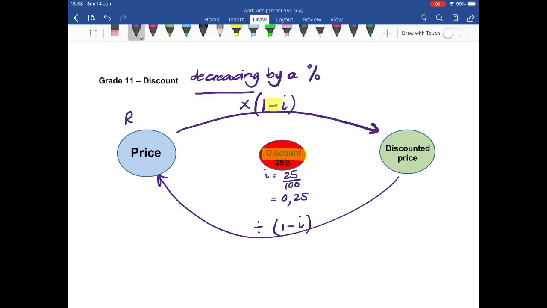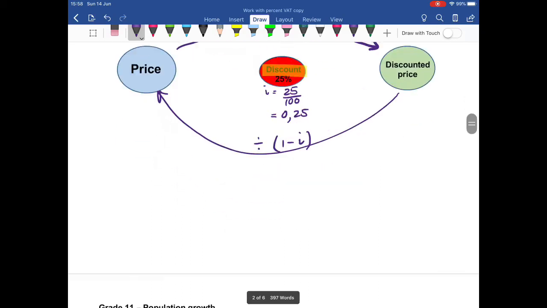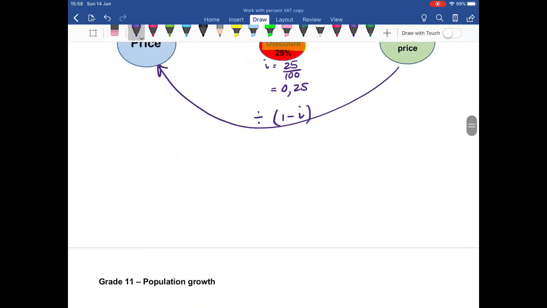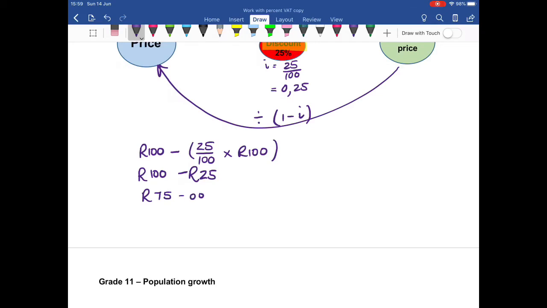So, for example, let's take 100 Rand. If I did the calculation, 100 Rand minus, because I'm discounting, 25% of my 100, it will be 100 minus 25 Rand, and that would equal 75 Rand.